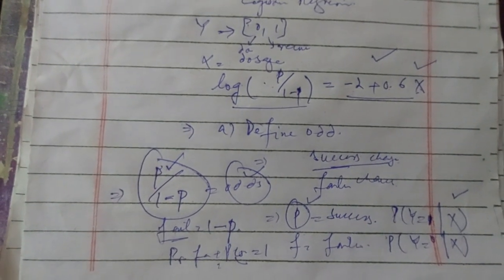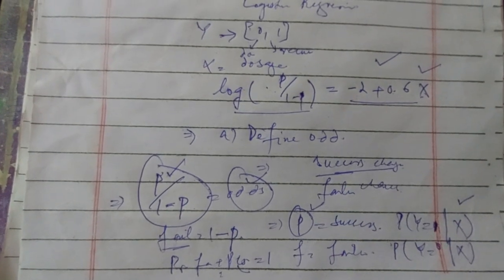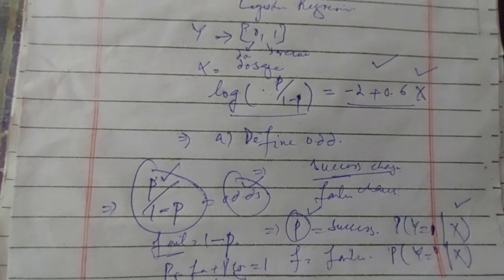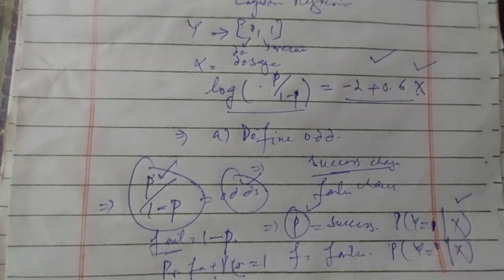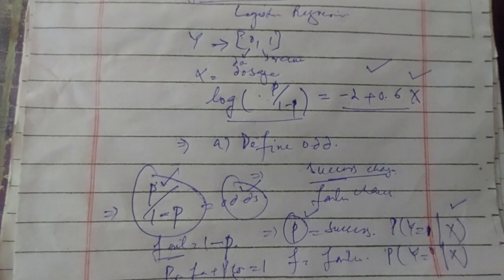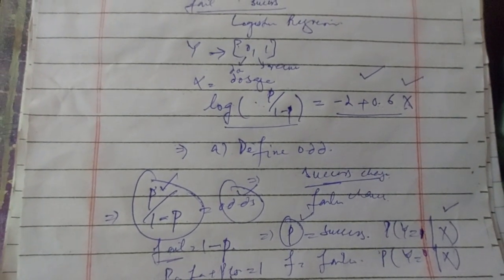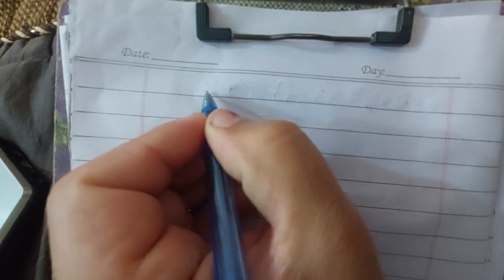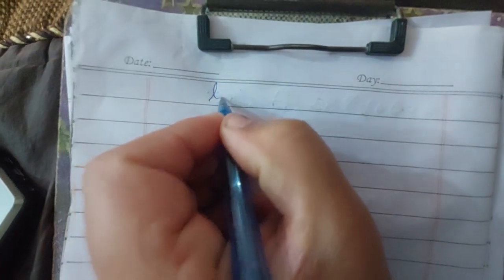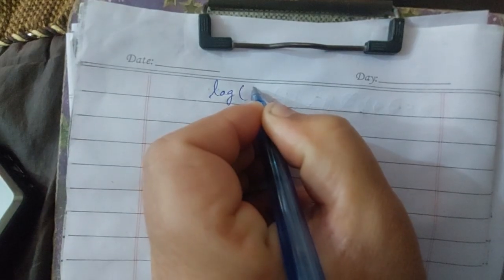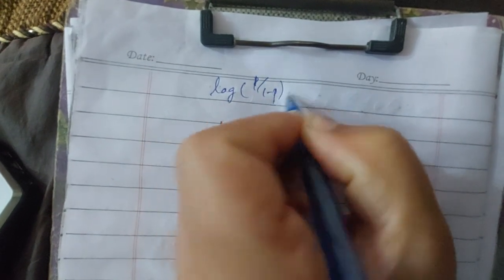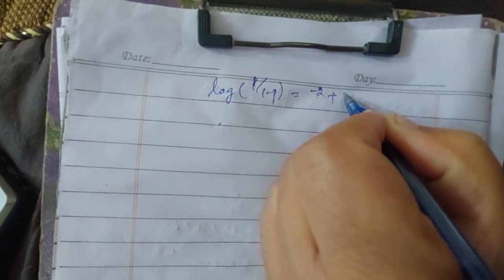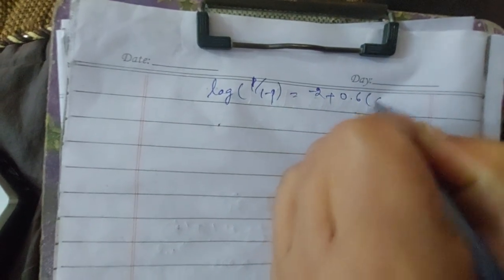So the first thing, odds, is defined. Now we move to the next thing, which says to calculate odds at x is equal to 3. So for a specific dosage value x is equal to 3, we need to calculate odds. From the logistic regression equation, we have log of odds, or p over 1 minus p, is equal to minus 2 plus 0.6 into x.